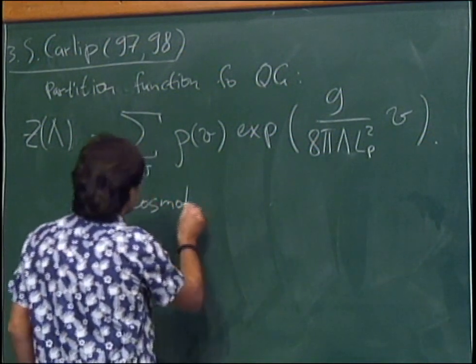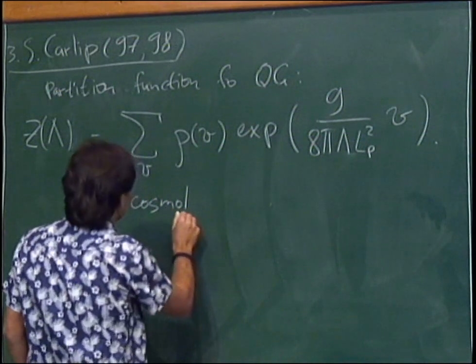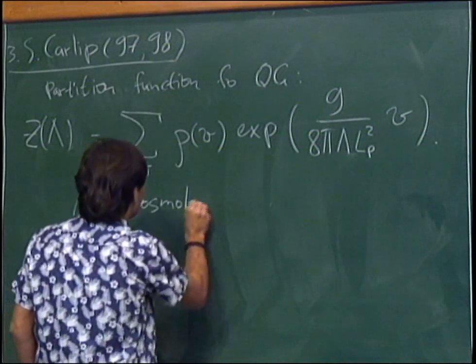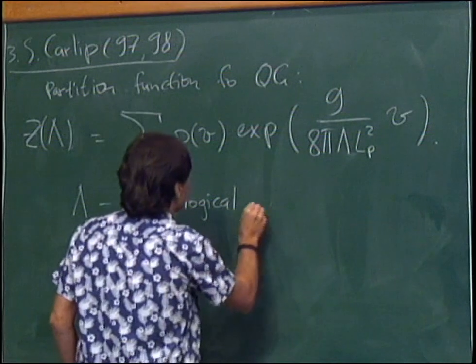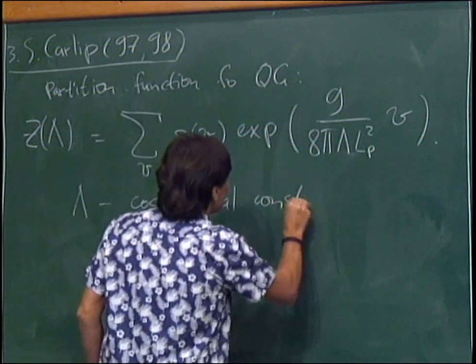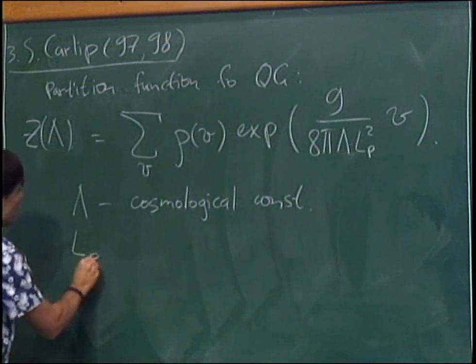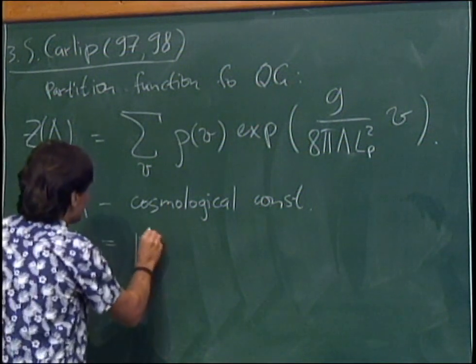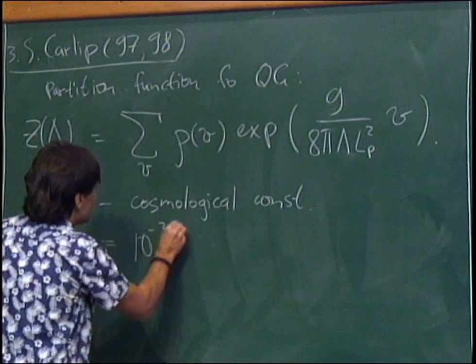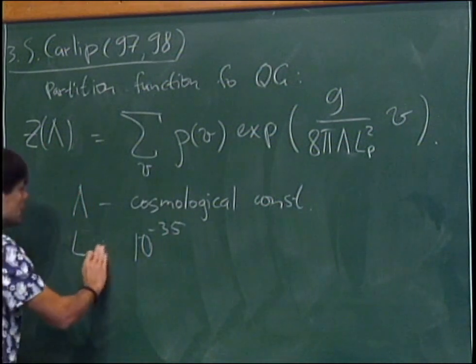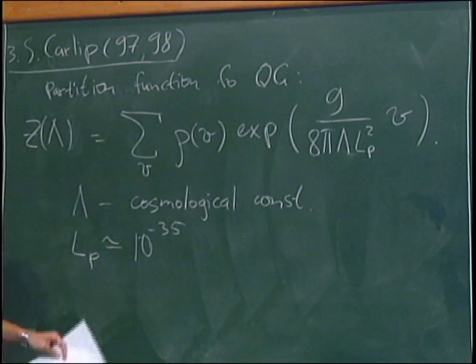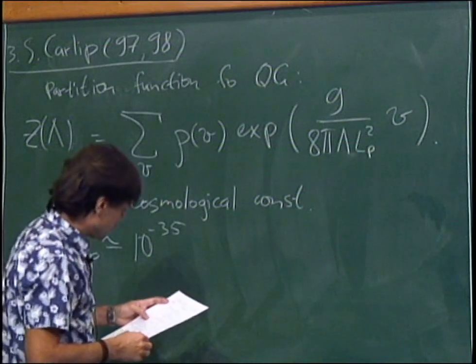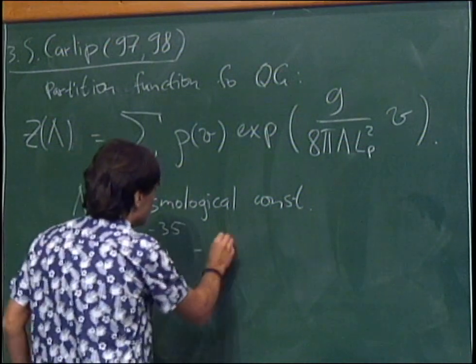It's like a key parameter, a cosmological constant. L_P is the Planck length, a well-known constant, which is something like 10 to the power minus 35. Again, a very small number.